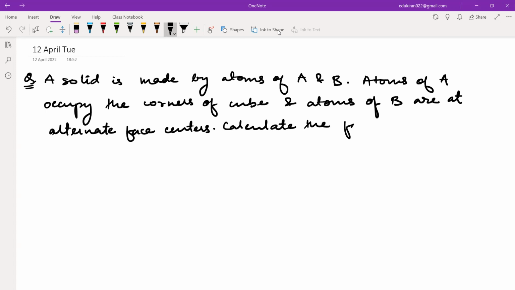Calculate the formula of the compound, the formula of the solid.